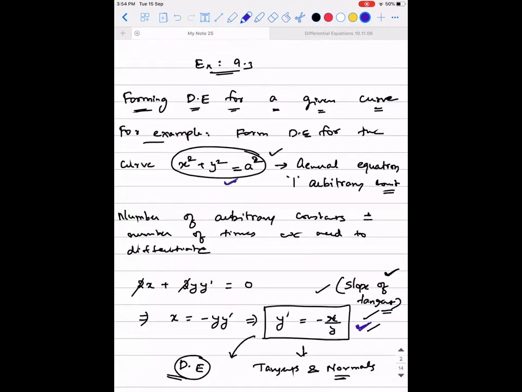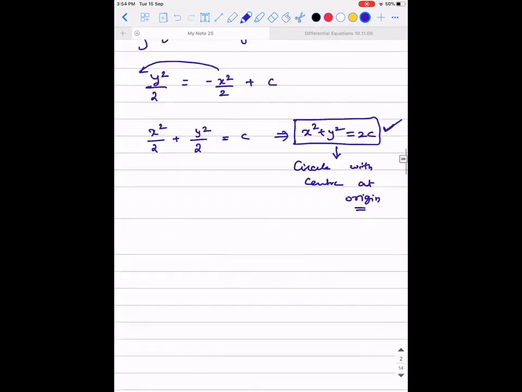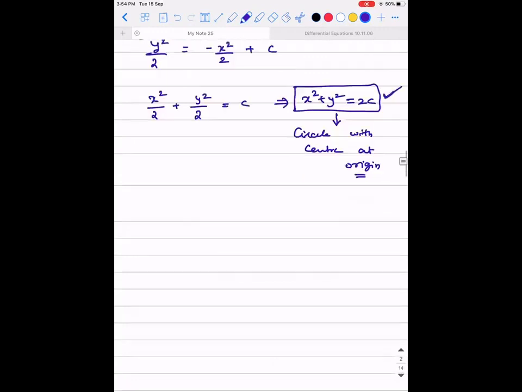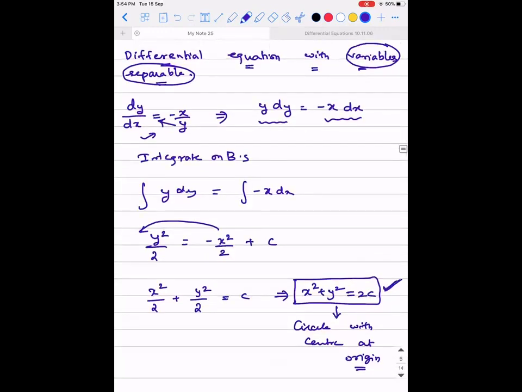In this context, a square is what is given as 2c. Forget about a square, x square plus y square is equal to some constant itself represents that it is the equation of a circle with center as origin. And that is what we have got here. So now I hope you are able to understand how these two exercises are related, right?